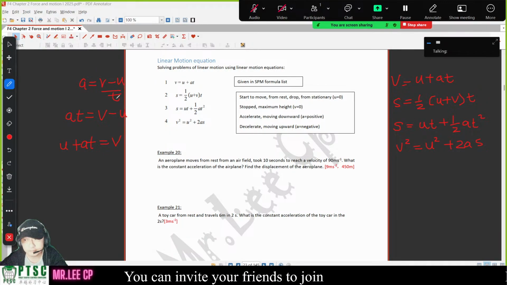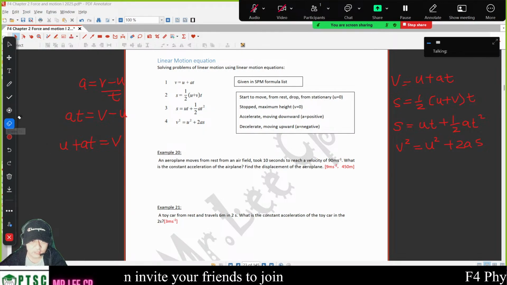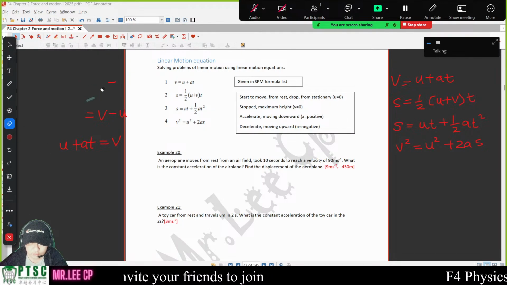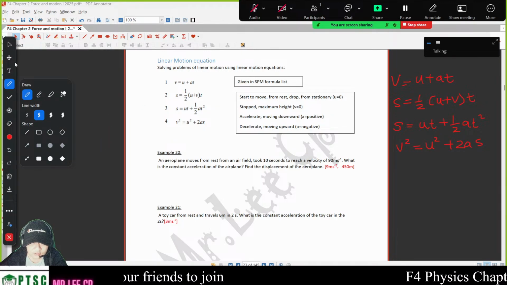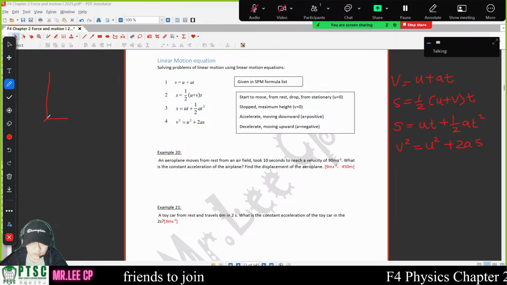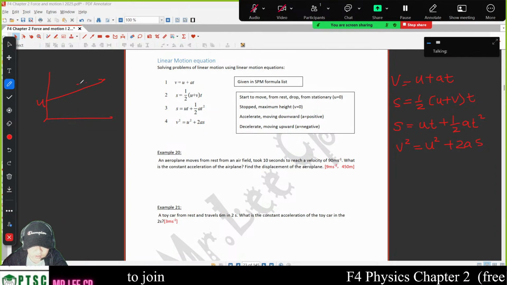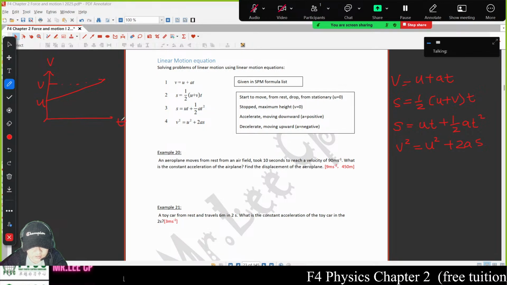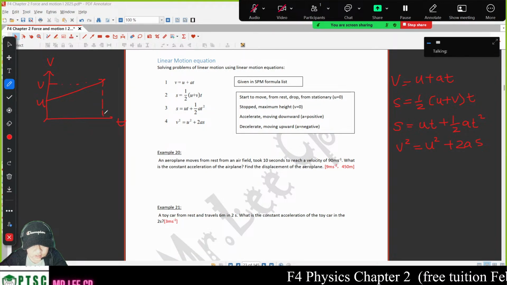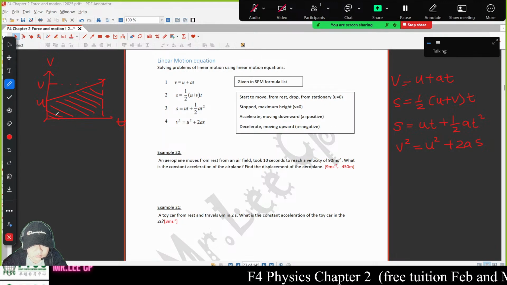Now the second formula is the area under the graph. Whereas you have U here and a V here, this one is the final velocity, and this is T. The area under the graph here is equivalent to displacement.